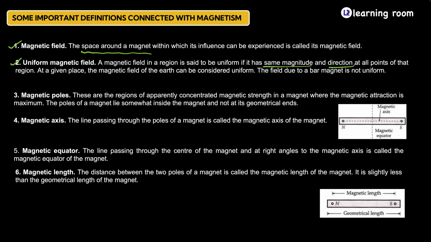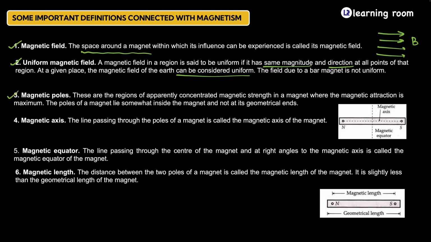At a given place, the magnetic field of Earth can be considered to be uniform, whereas the field due to a bar magnet is not uniform. Generally, when you talk about a uniform field, you always represent it with a set of parallel rays like this, where the magnetic field is written with the symbol B. Am I clear with this?